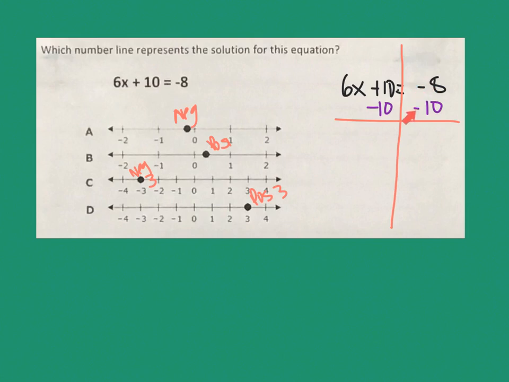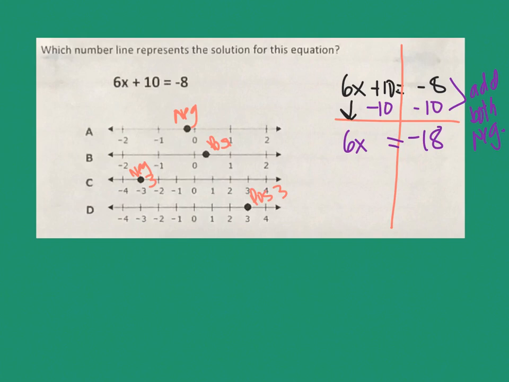Negative 8 and negative 10. These two things are the same sign, so I need to add them together. Add because they're both negative, so that makes negative 18. Then I can bring down my 6x. Then it says 6x equals negative 18.